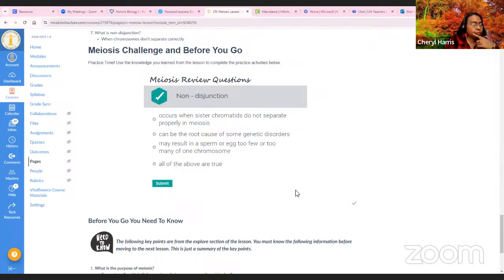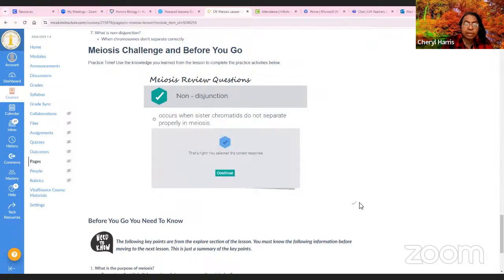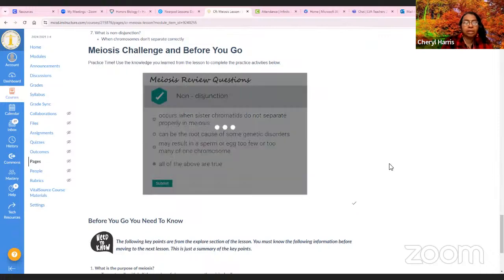All are true. Mine won't submit. But yes, all are true. You can have too few or too many chromosomes in the egg or the sperm. This is the cause of genetic disorders, and it does happen when the chromatids don't separate like they're supposed to. So that's true. I don't know why mine won't. Oh, there it is. Okay.